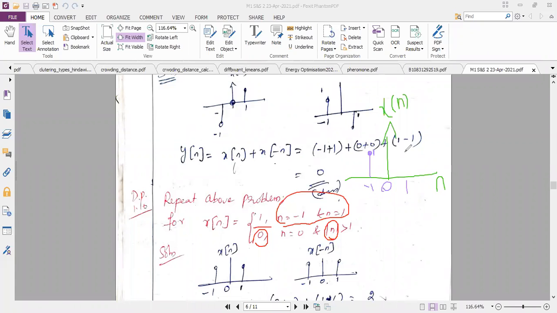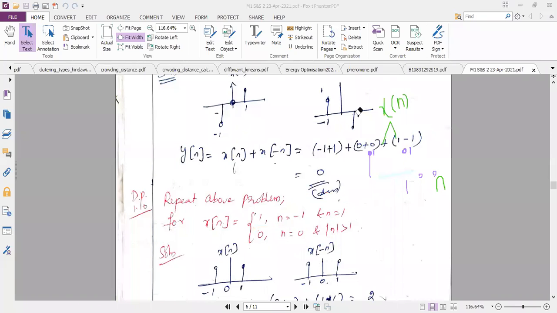Now they have given n is equal to 0. At n is equal to 0, the amplitude is 0. And other than minus 1 and plus 1 values of n, all the other places the amplitudes are 0. So we need not show it in the form of bubbles like this. If you show only the amplitudes present, that is sufficient. Has everyone understood how to mark x of n? Yes, ma'am.